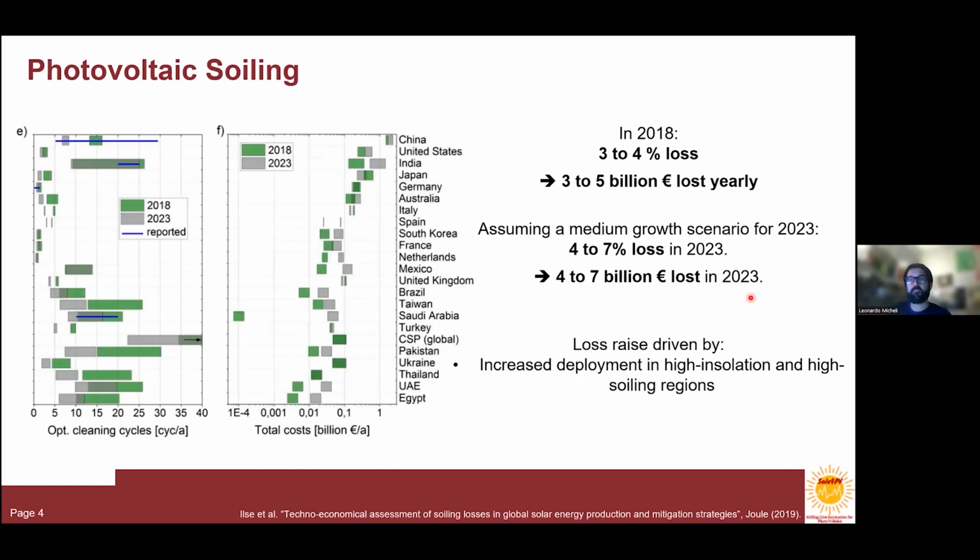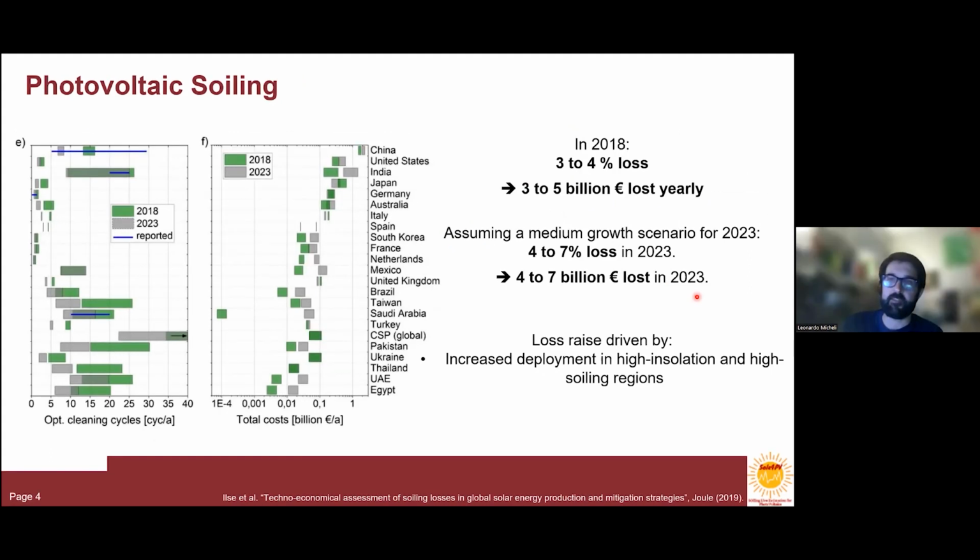With some colleagues some years ago, we estimated that soiling had caused, just in 2018, the loss of 3 to 4% of the global energy. Soiling indeed is a worldwide issue. It affects several countries, even countries that we might consider rainy, such as the UK, in which we expect rain to clean the modules quite often.